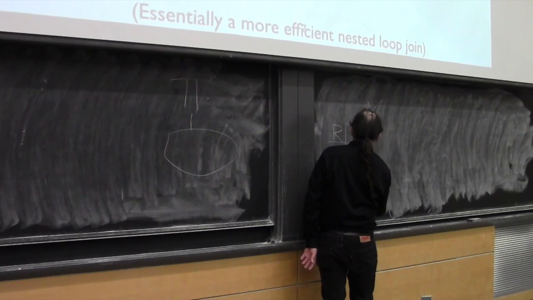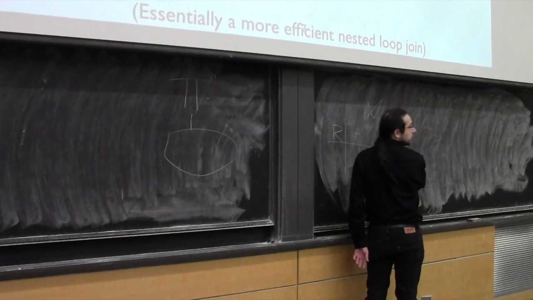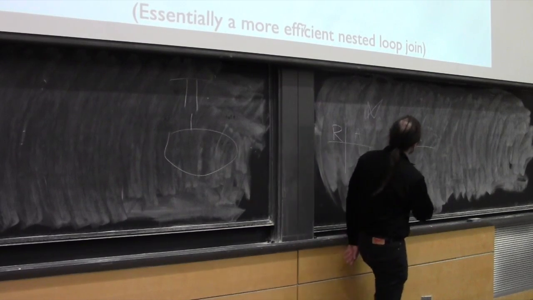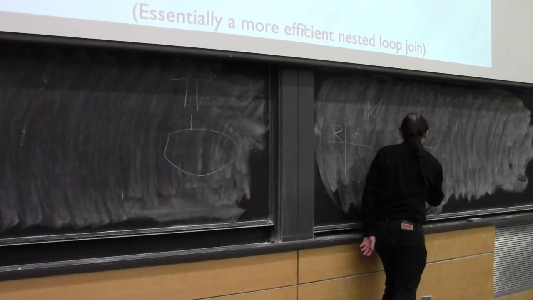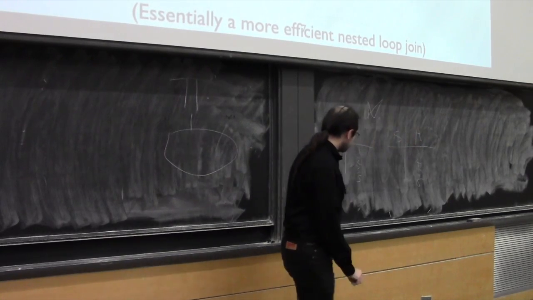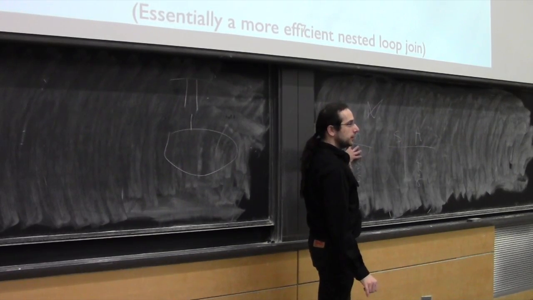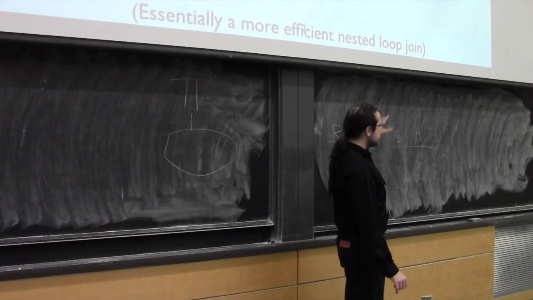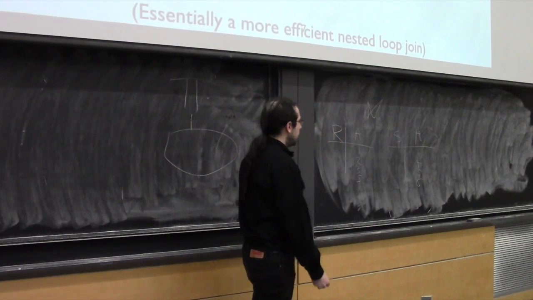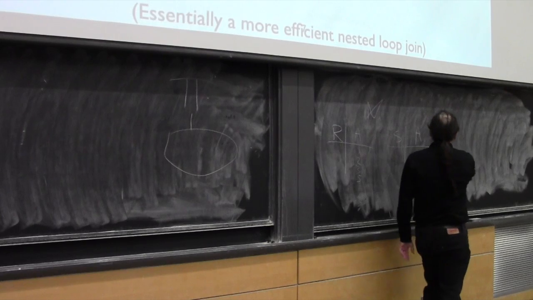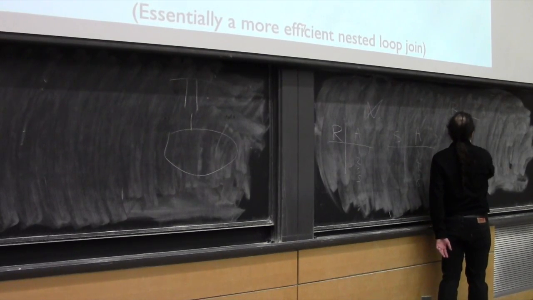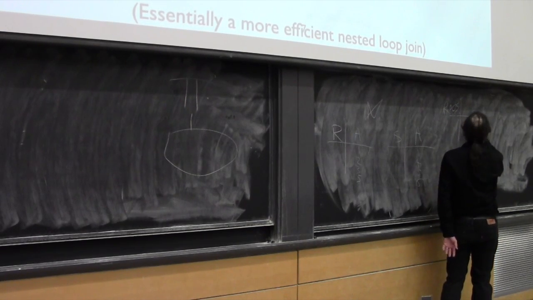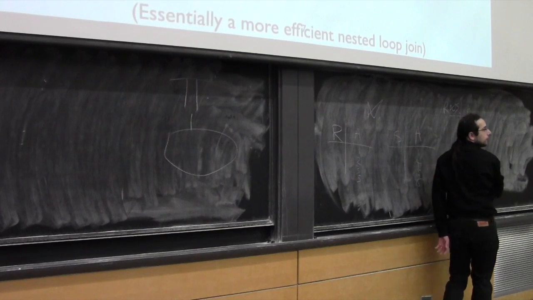And you have another relation, call it S, which has its own set of values, 1, 4, 5, 6. So there's an array here, there's an array here. Now, the goal of this operator is to produce a new array, a new set of outputs that, as you said, R join S should contain 1 and 5.